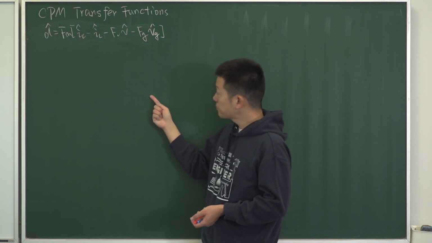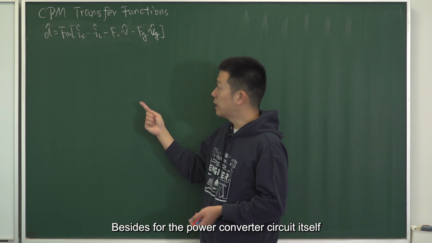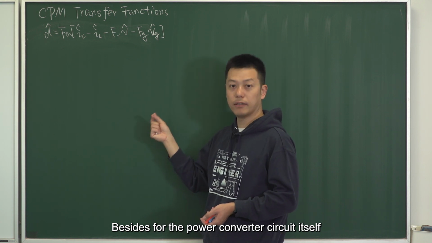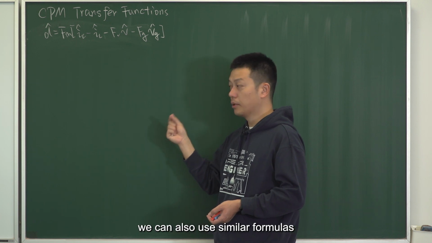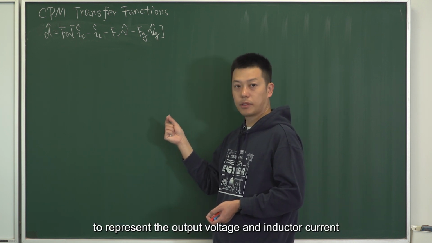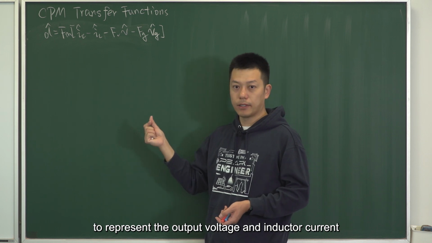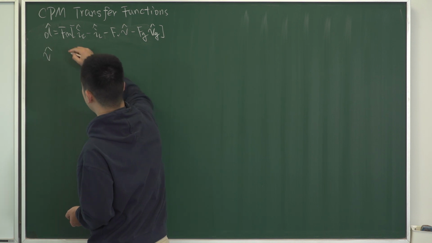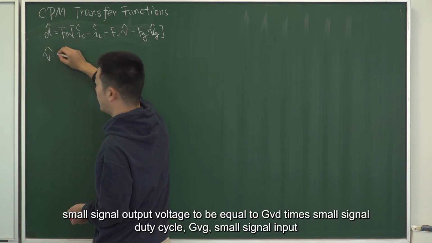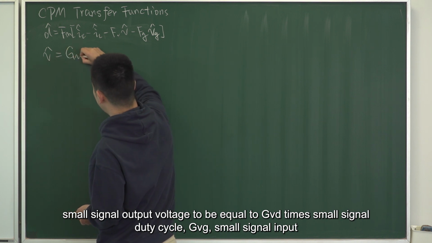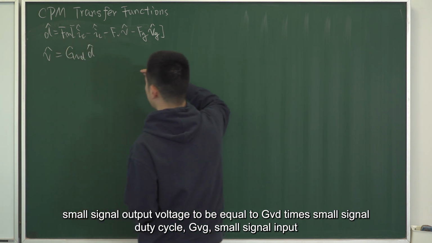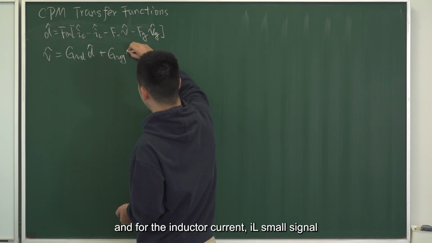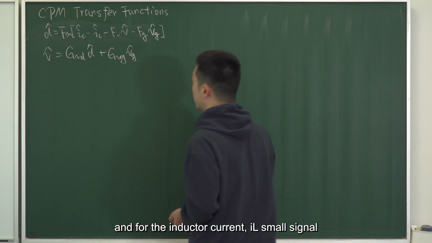Besides, for the power converter circuit itself, we can use similar formulas to represent the output voltage and the inductor current. The small signal output voltage equals GVD times the small signal duty cycle plus GVG times the small signal input.